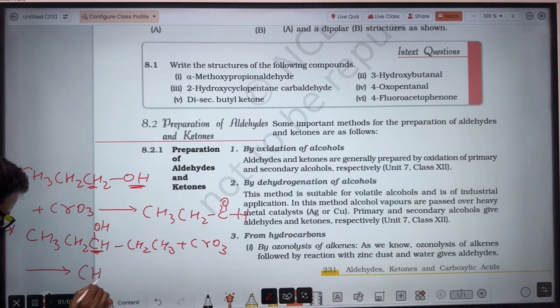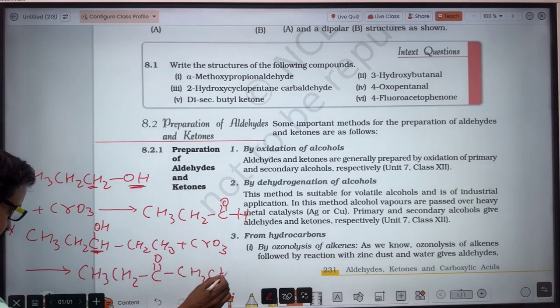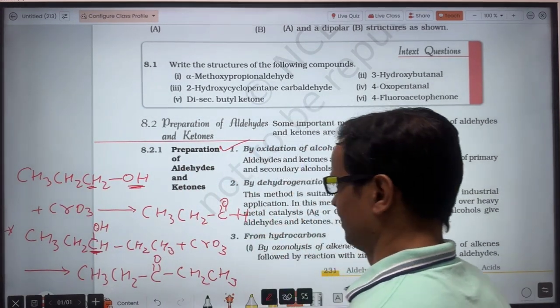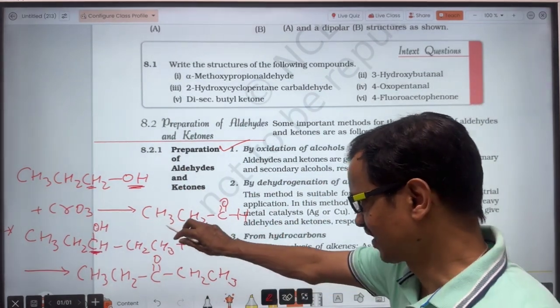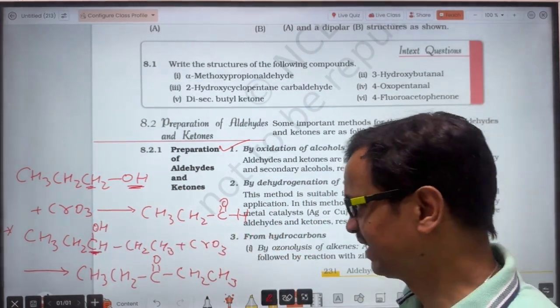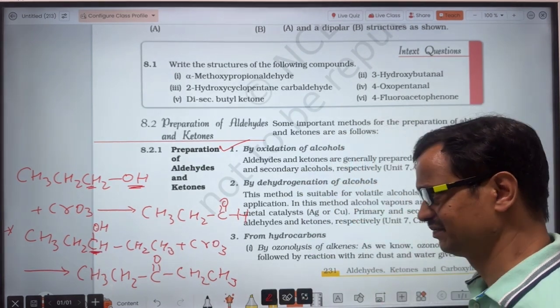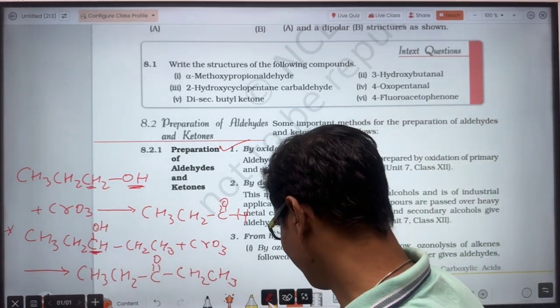So the compound becomes this, and in this way ketone will form. So one method: by oxidation of primary alcohol, we will get aldehyde, and by the oxidation of 2-degree alcohol, we will get ketone. Okay, next point here.